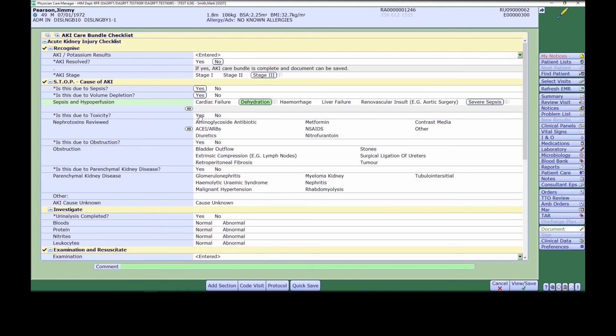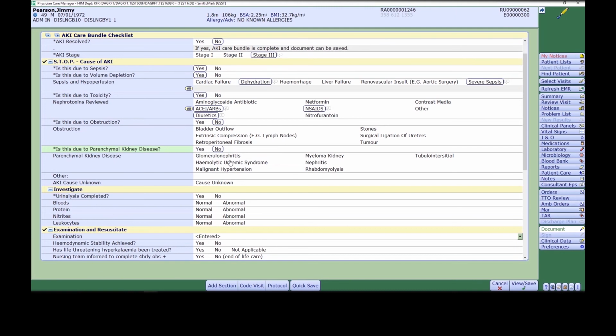That there was some toxicity because the patient was on some non-steroidals, some diuretics, and some ACE inhibitors. That there was no obstruction, and that we didn't think that parenchymal kidney disease was part of it.